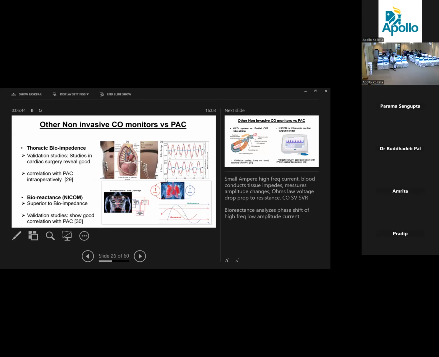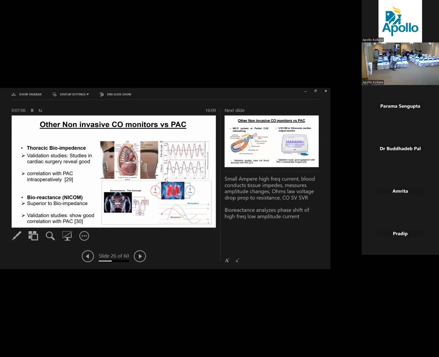Both these techniques use an electric current with low amperage and high frequency, and measure the current at both ends, on the principle that pulsatile blood flow carries the current, while the tissue and skin resist the current.